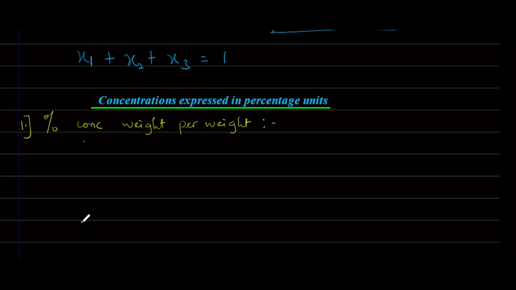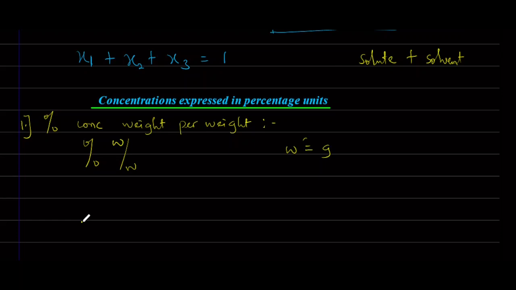Since we are dealing with percentage weight per weight, we know that the two components of a solution are solute and solvent. They both form the solution. That means percentage concentration weight per weight means weight of solute with respect to weight of solvent. And since it is percentage, it is always expressed with respect to 100. Weight is expressed in gram.